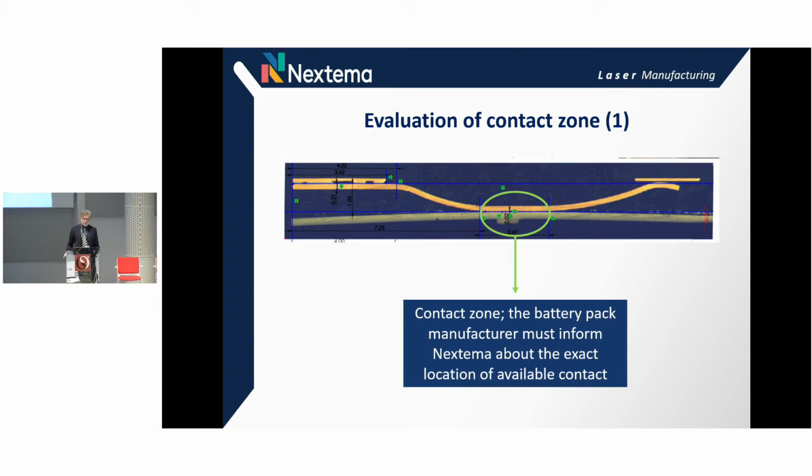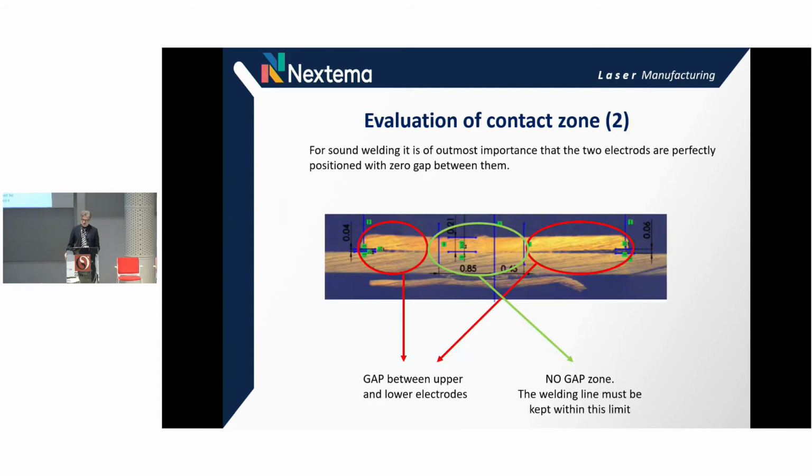So when someone comes to NextEma with a particular condition, the manufacturer must inform NextEma about the exact location of the available contact of the two elements. This is something that is not very clear, as I already heard from a previous presentation. Not always does the customer know how important it is to have a perfect contact condition.